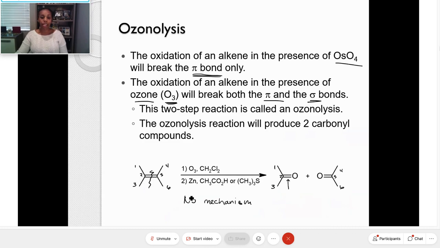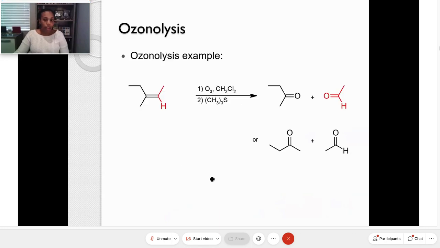We're making a carbonyl type compound. So it's a two-step process. We can either use zinc and acetic acid, or we can use a sulfur-containing compound, methylthiomethane. But in this reaction we always use ozone gas and dichloromethane in the first step.